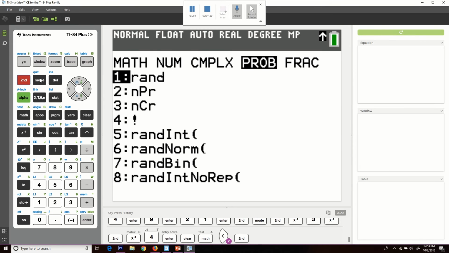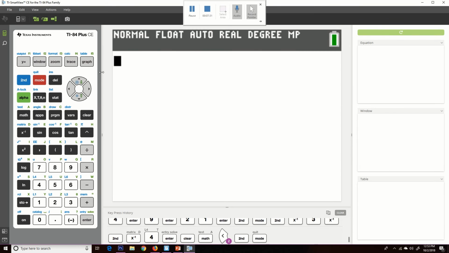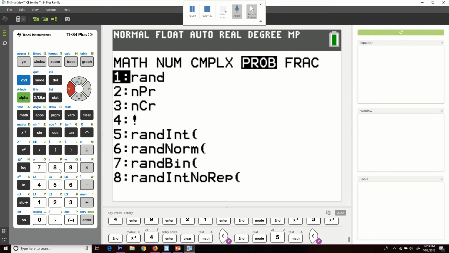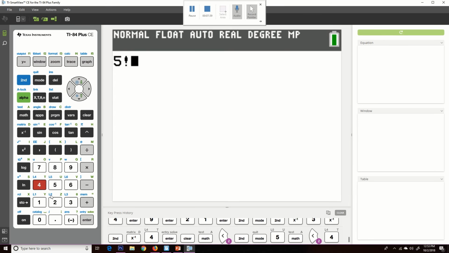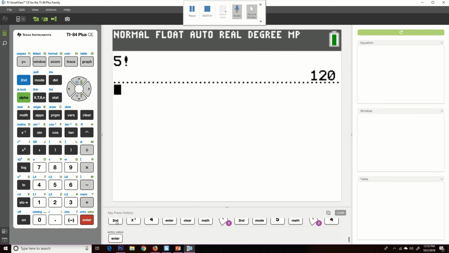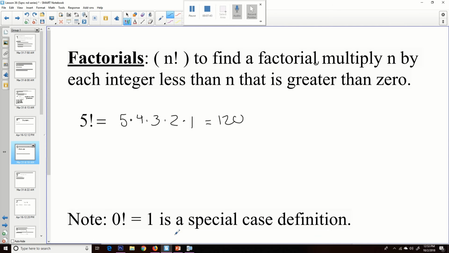Now if I want to find 5 factorial, I'm going to hit 5, then hit math, go over to probability, hit 4 to bring the factorial in, and there we see 120.